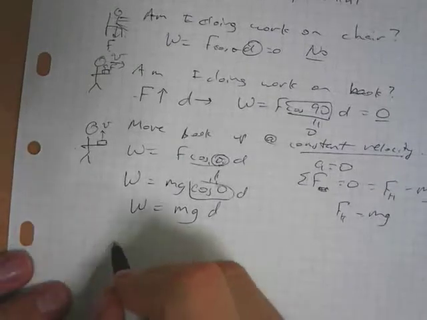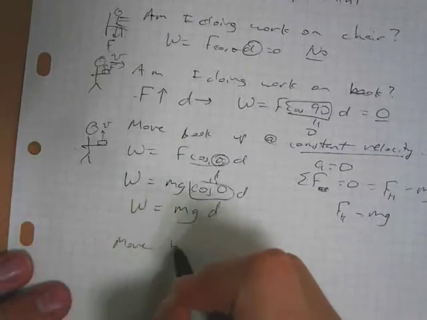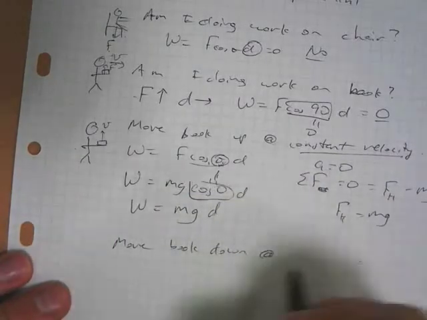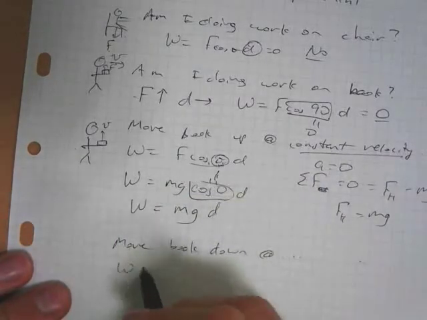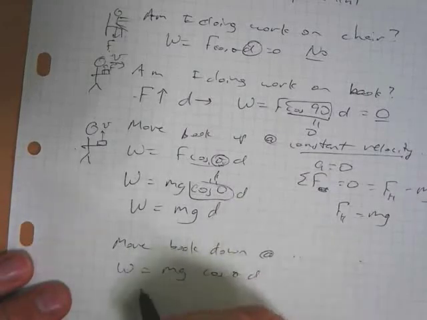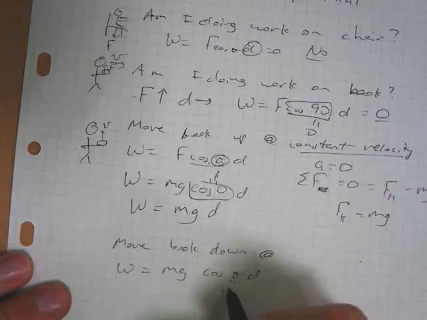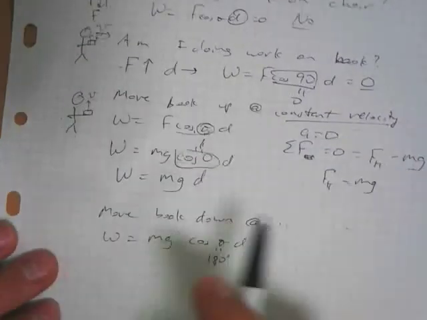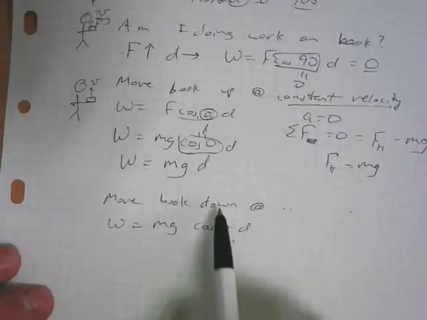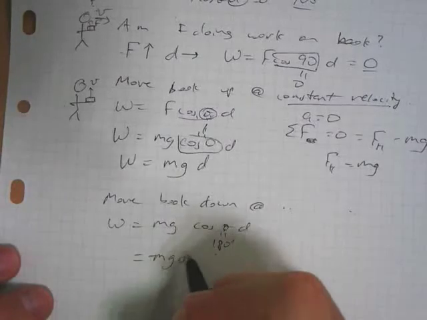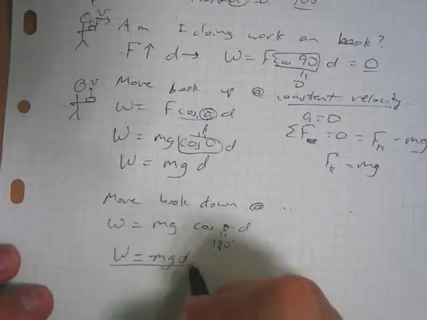By the same token, if I move the book down at constant velocity, now my work is still mg cos theta times d, but now that theta is 180 degrees because the force I'm exerting is upward, but the book is moving downward, and so then I do negative work on the book, moving it downward.